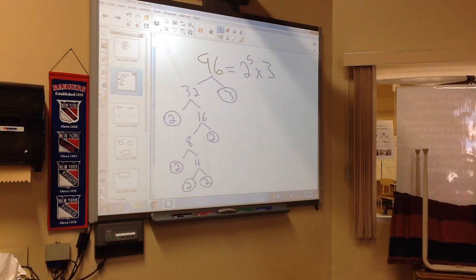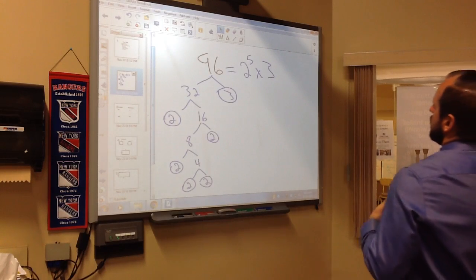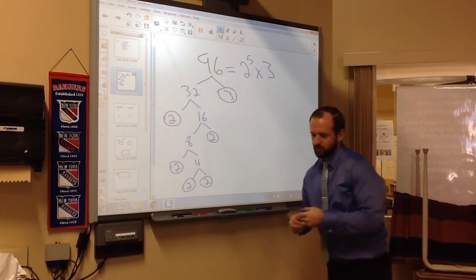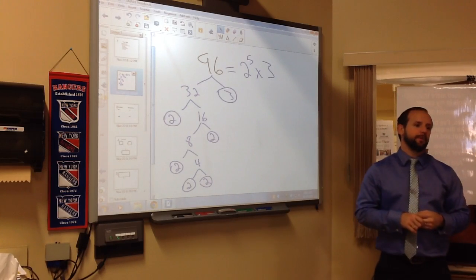We can actually use this method when determining whether or not a number is a perfect square, a perfect cube, or neither. One way to do that is by taking our prime factorization from our factor trees and grouping them.